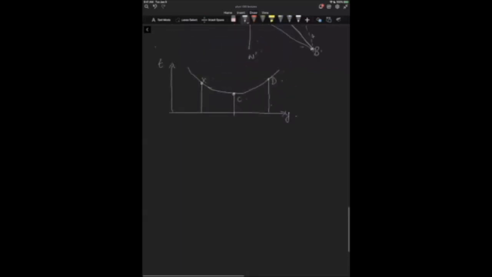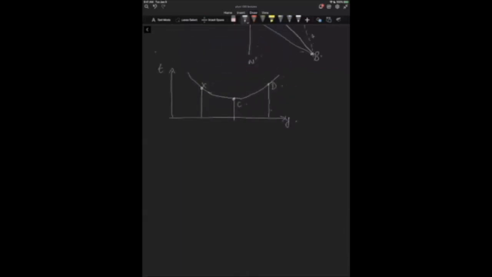In fact, as you can see from this curve, as we move the point X nearer and nearer to C, the point C is such that to first order, the curve essentially starts to look flat, stationary, as a function of the y coordinate. The time looks stationary.